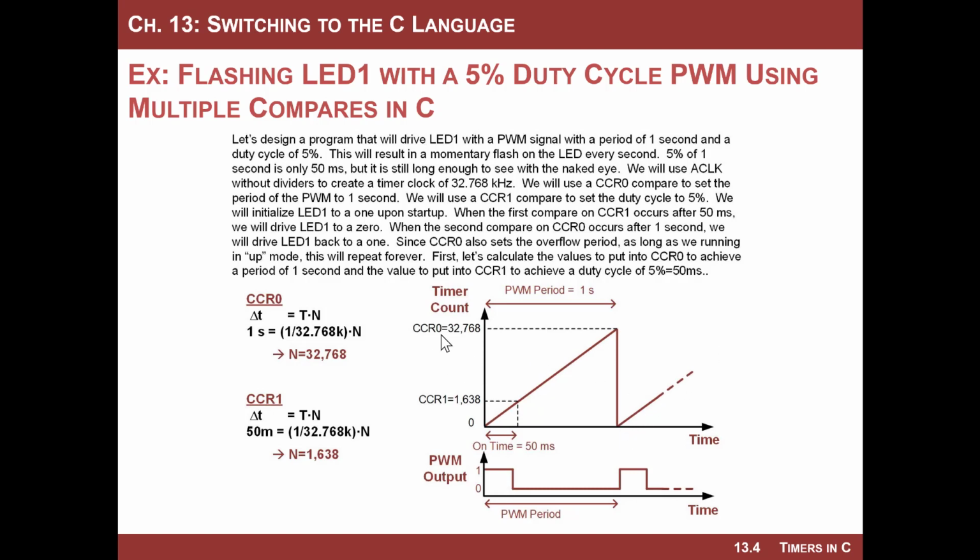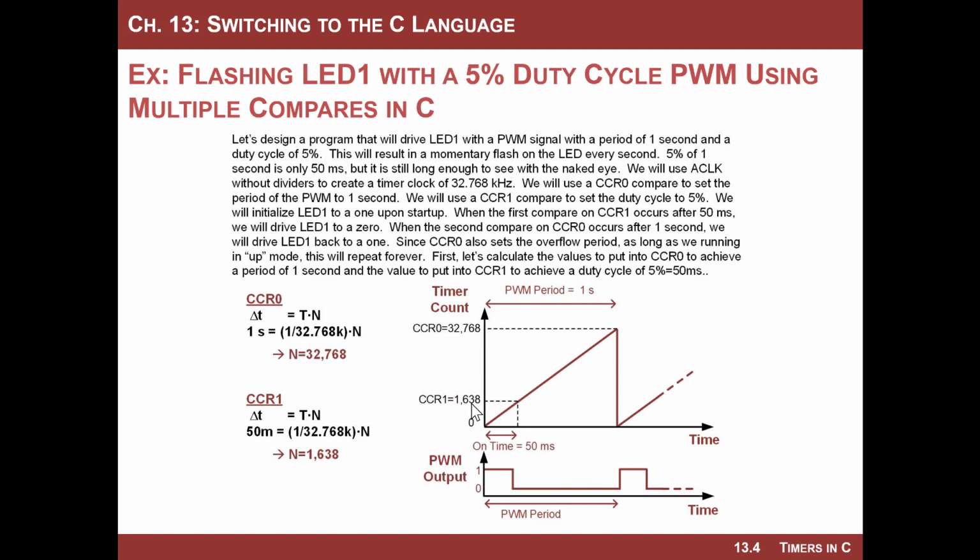If we use CCR0 and the timer in up mode, we can automatically generate the desired period. Then we just have to make sure that the interrupt service routine for CCR0 takes our signal to a 1. We will use a separate compare register. In this example, let's use CCR1 just because it's the next one.